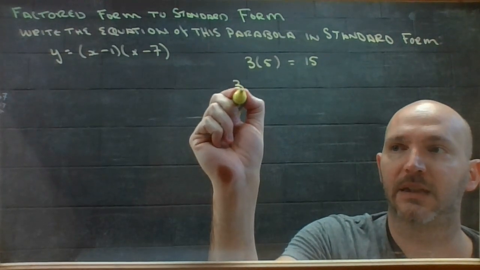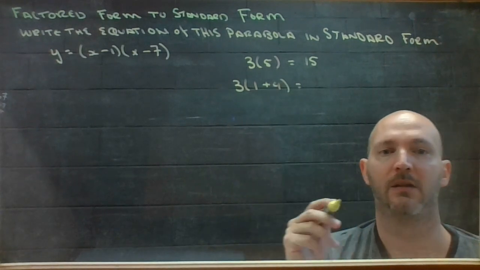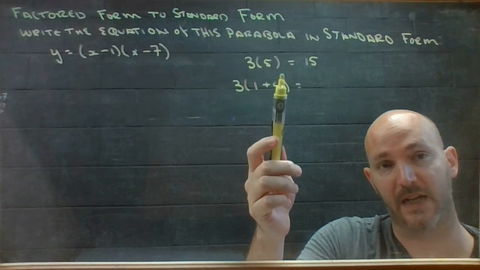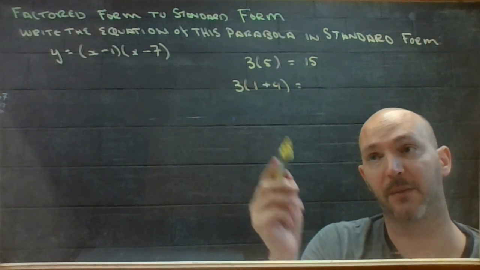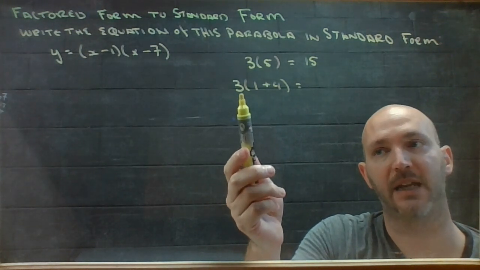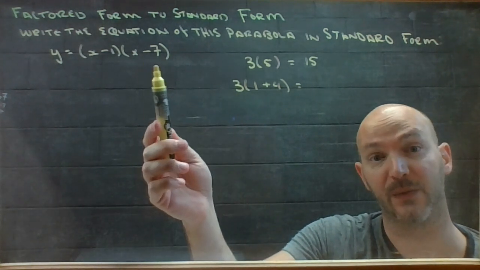If you see something like this, now if you're thinking about it, 1 plus 4 is 5. So the answer to this thing has to be 15. I'm writing this way to show you how to handle a multiplication of two things in a bracket, because we're going to have to do that in a minute.